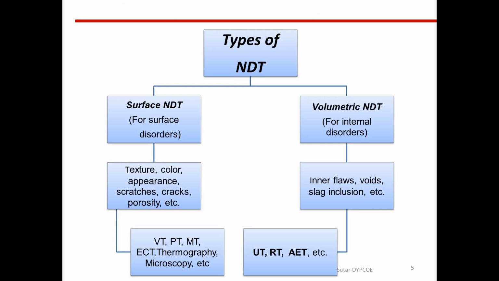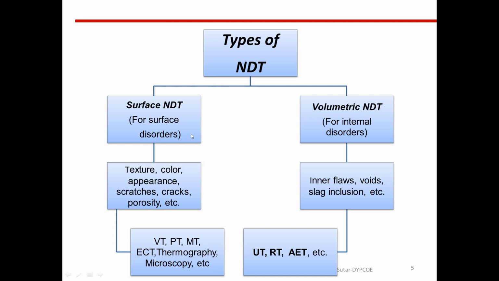Types of NDT methods. There are mainly two types of NDT methods. One is surface testing, another is volumetric testing. Surface testing is generally employed to detect the surface disorders, whereas volumetric testing is for detecting the internal disorders.